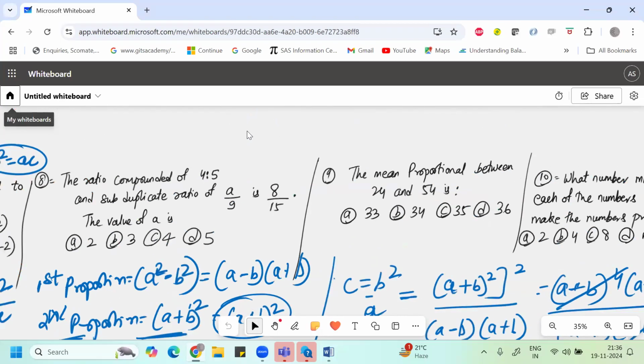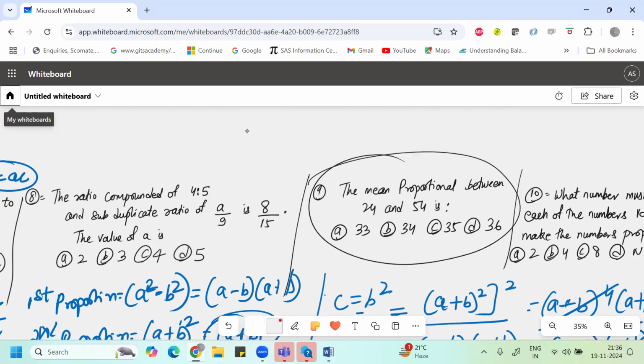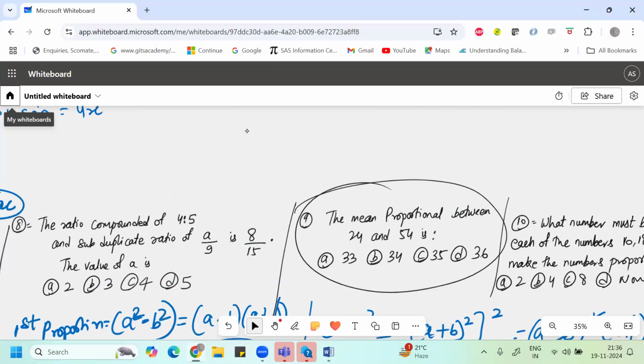Now tell me the answer of this question number 9. The mean proportion of 24 and 54. So what you do, just take the square root of 24 into 54. What is 24? 8 threes are.